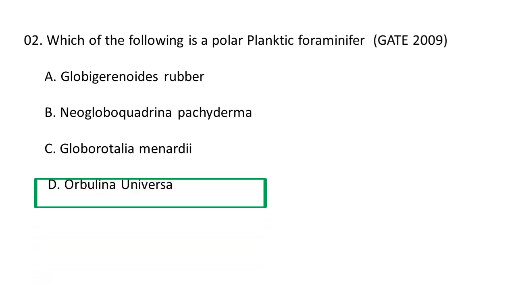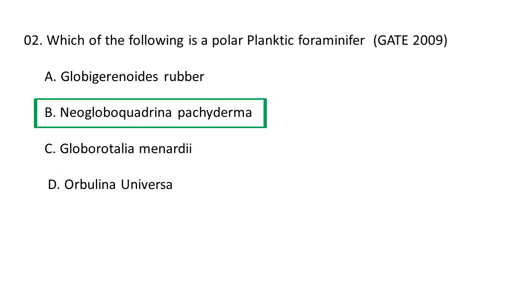The correct option is B. Neogloboquadrina pachyderma is the dominant planktonic foraminifer species in the polar regions and in the northern high latitude ocean. It makes up more than 90% of the total assemblages, making it the dominant pelagic calcifier and carrier of the paleo-oceanographic proxies. So Neogloboquadrina pachyderma is a polar planktonic foraminifer. So B is the correct option.